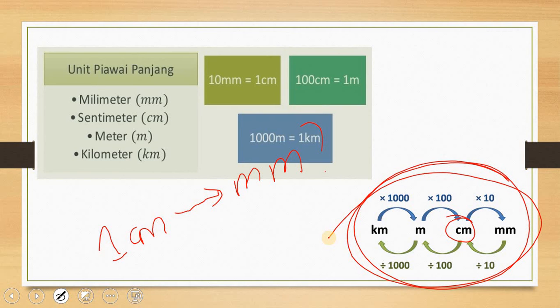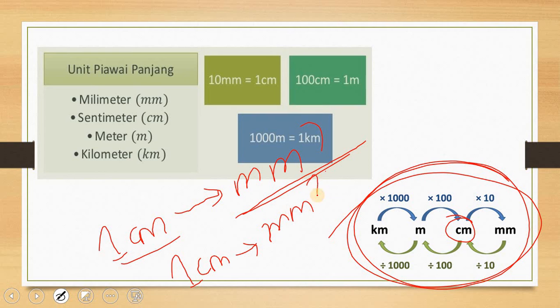So for example, kalau dalam soalan subjektif dia tanya, okay, if I have 1 cm, berapa lah dalam millimeter? So 1 cm for you to get in millimeter. Okay, bagaimana? So you only have to multiply ataupun darab dengan 10. So 1 darab dengan 10 berapa?